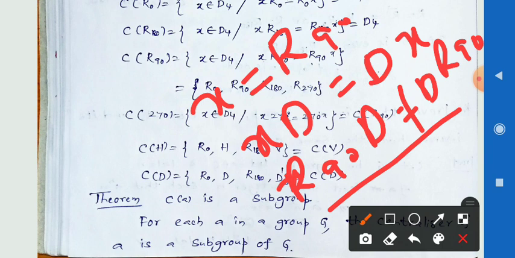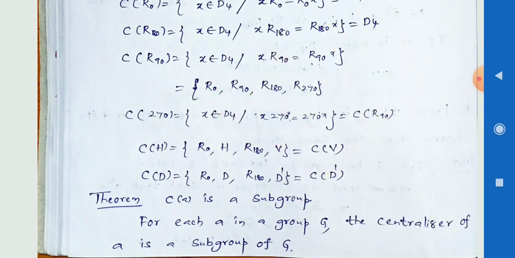Here the commutative property is not satisfied. Rotation 0, rotation 180, d, the diagonal reflection, and another diagonal reflection are satisfied. Therefore these are the elements that belong to the centralizer of d.